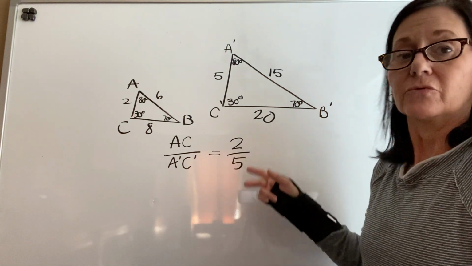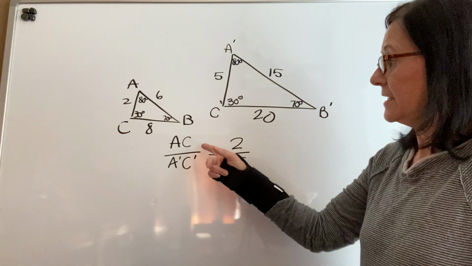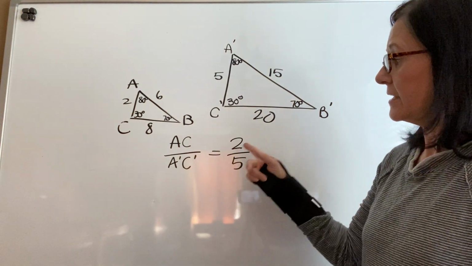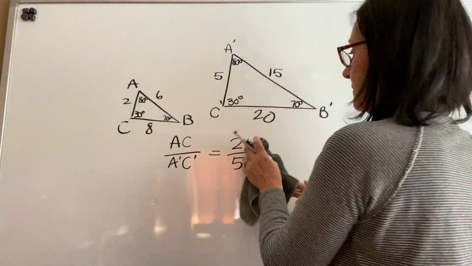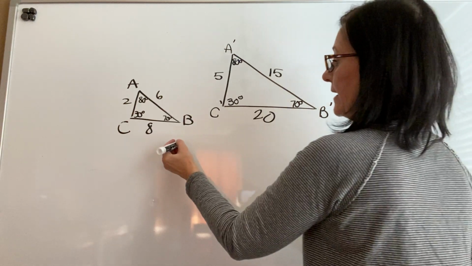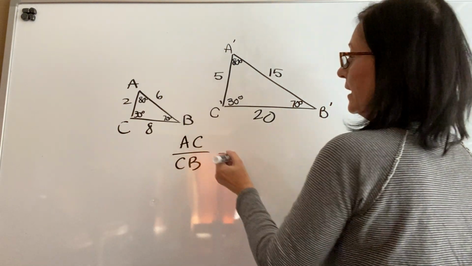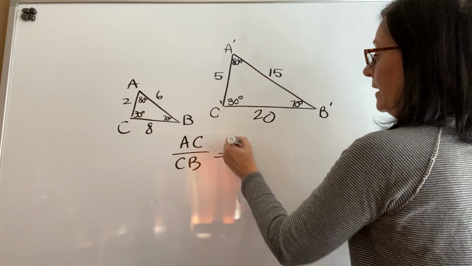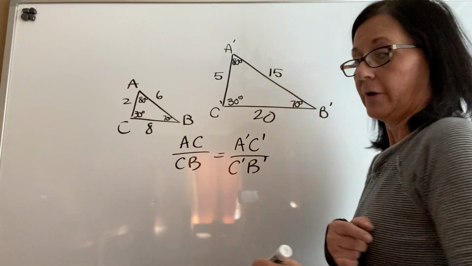This is actually your ratio, right? This is how they relate. This side to this side is going to equal that side over that side. My preference is to write it as AC over CB is going to correspond to A prime C prime over C prime B prime.